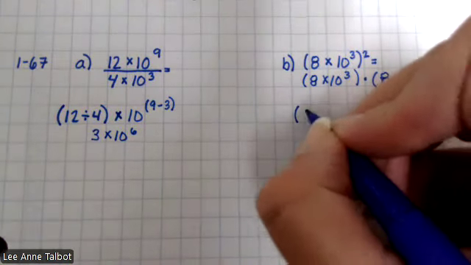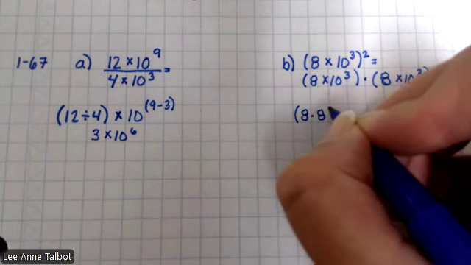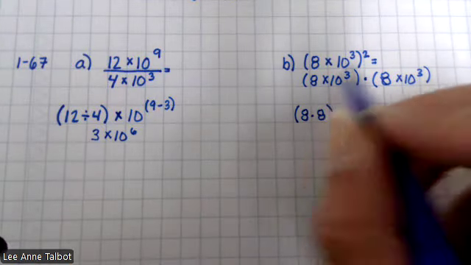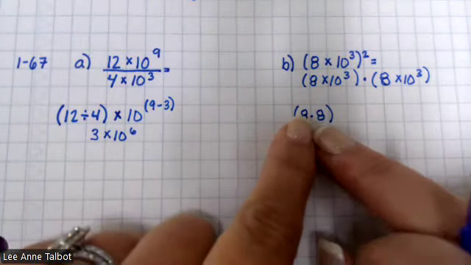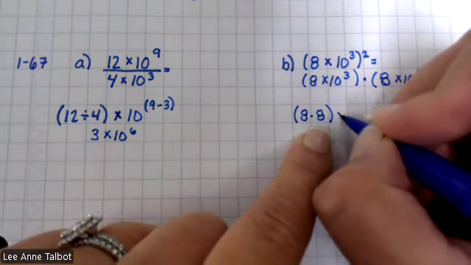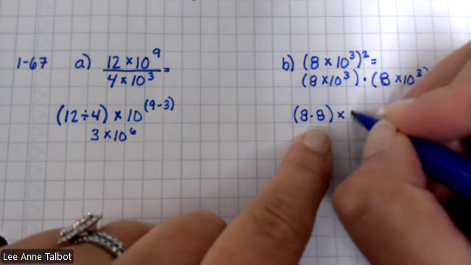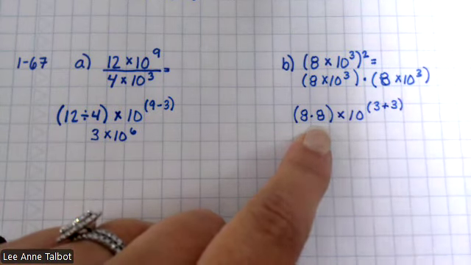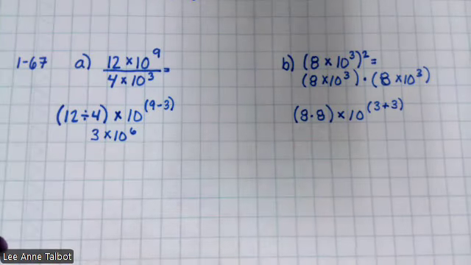Okay, so what you do is you take the 8s in the front and multiply them. So you take whatever numbers in the front and multiply. And then add the exponents.